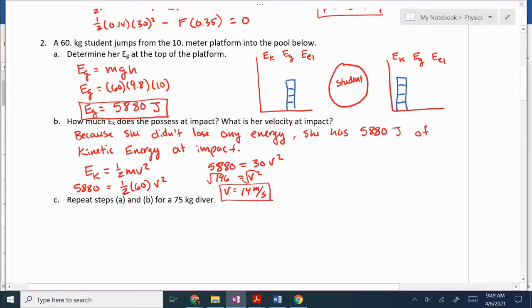It says repeat for a 75-kilogram diver. You're going to end up with exactly the same answers. Your gravitational energy is 75 times 9.8 times 10. So obviously we get more gravitational energy.